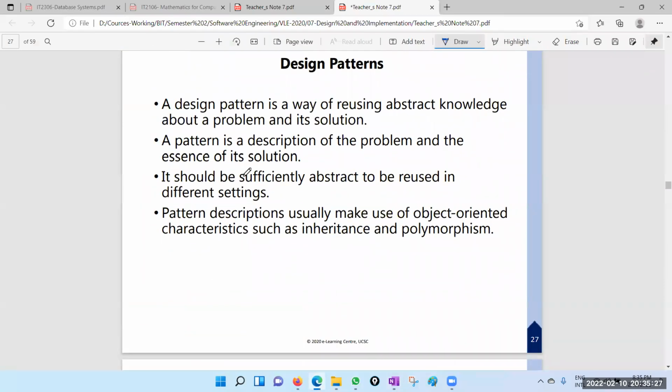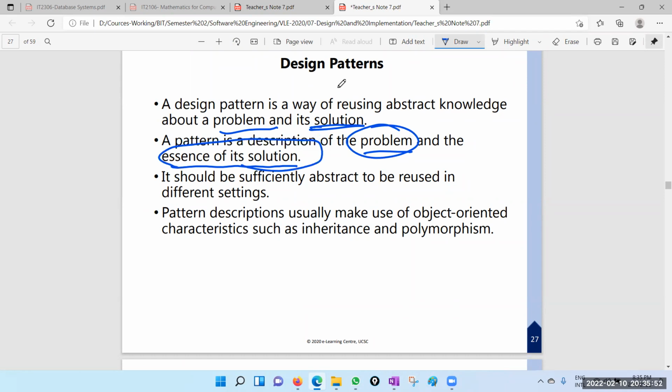Right. So a design pattern is a way of reusing abstract knowledge about problems and their solutions. So we identify the problem and a solution, we give it a name and we document the solution. A pattern is a description of the problem and the essence of its solution.